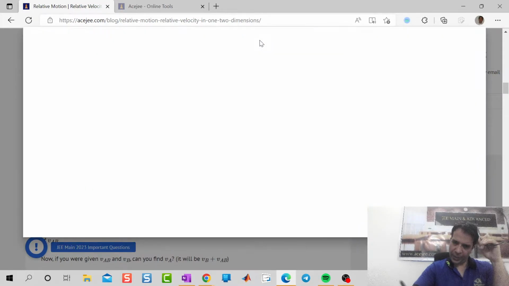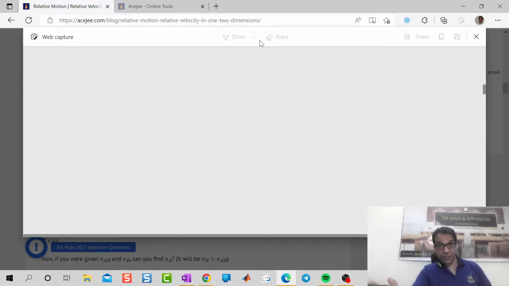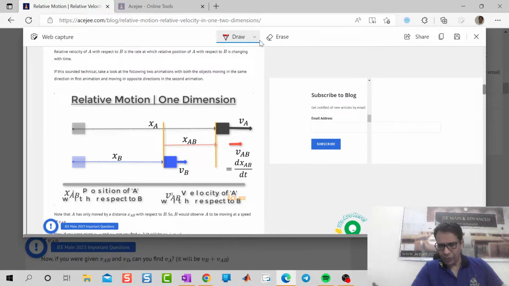Capture full page. There we go. The system seems to be behaving slightly erratically over the last few days. It might be the simultaneous streaming that's going on on Google Meet and the other media.